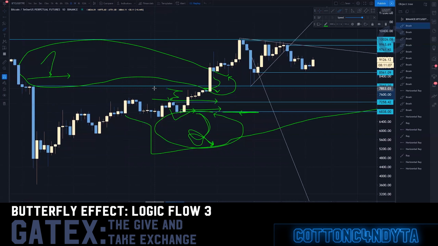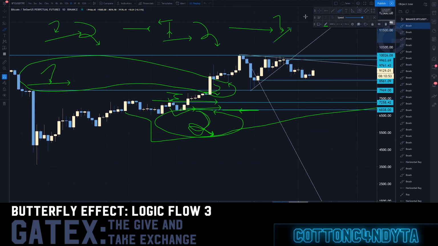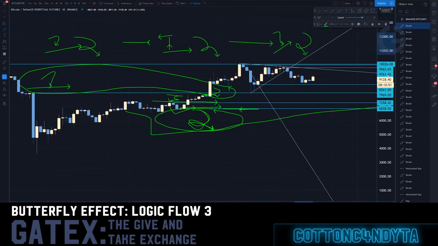So within its range, it's 1, 2, next range, 1, 2, next range, 1, 2, and so forth forever. But in between, there's a number 3 that exists here, which is the backside frontside combination level, which is 1, 2.